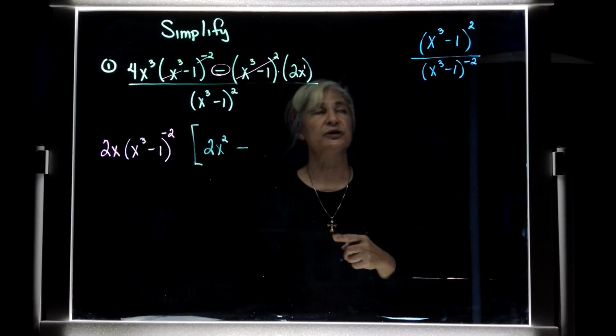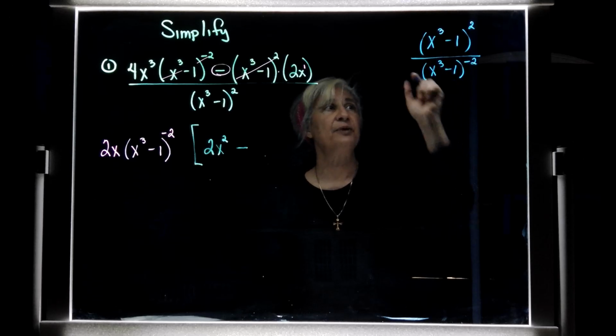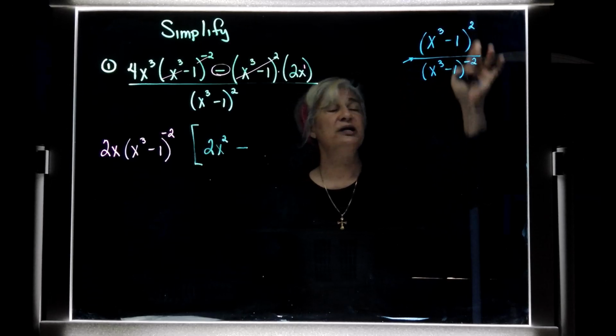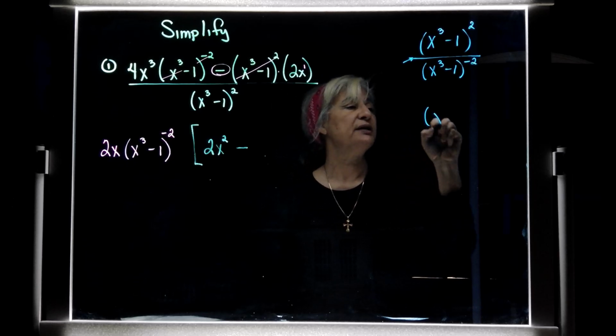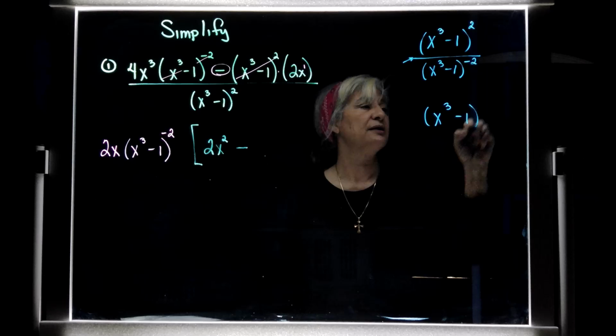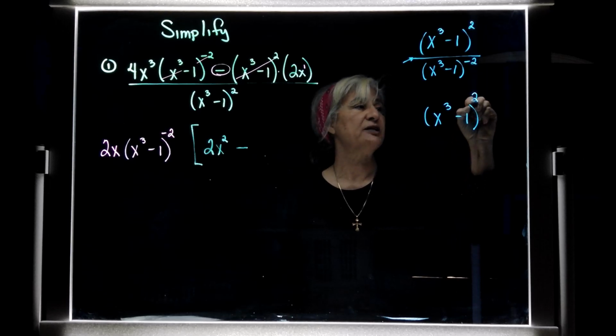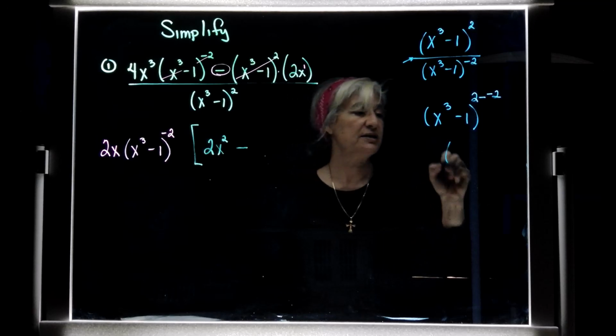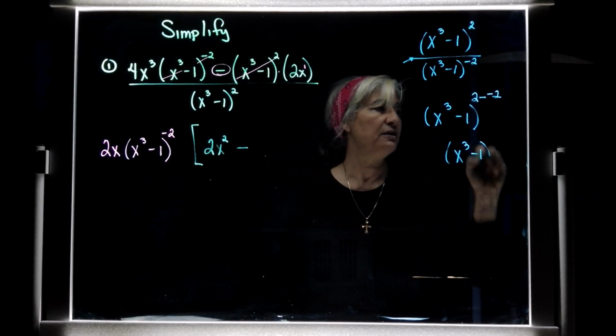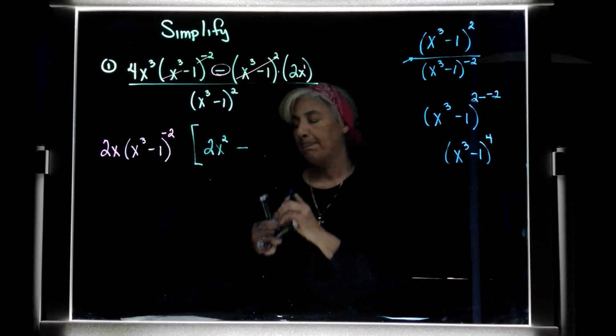Remember your rules of exponents. When the bases are the same and you are dividing, what do you get to do between the exponents? You get to subtract, which means I have my base, and I take the numerator's exponent and subtract the denominator's exponent, which in this case will give me to the power of 4.